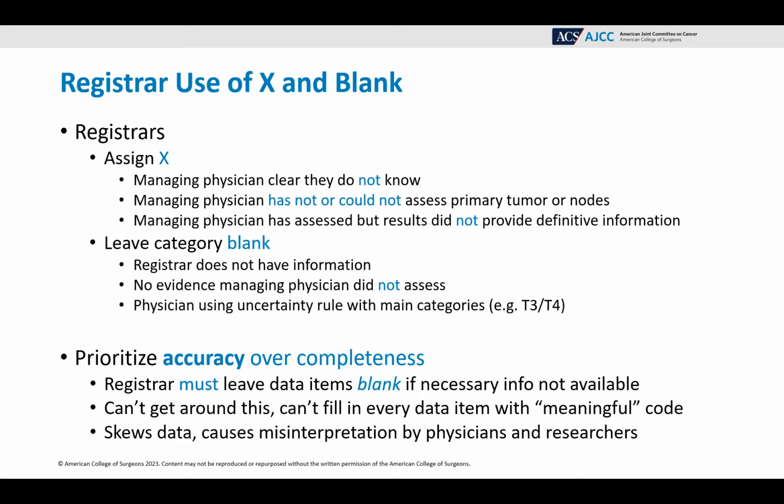For example, if there's only a T3 or a T4 and there's no subcategories, and the physician says this is either a T3 or a T4, well, registrars are not allowed to downstage or use the lower category. Registrars can't use X because that's not what the physician said. So the only thing you have left to do is to leave it blank, skip over it, don't fill it in, because you do not have the necessary information to assign that category.